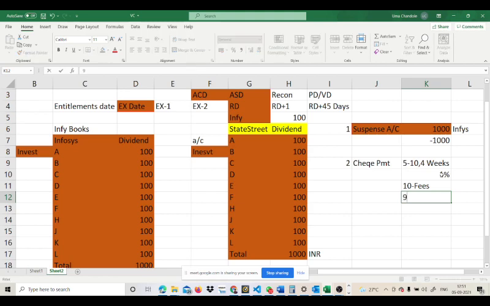So the amount will be 990. But in the books of account you haven't mentioned that, or you are not even aware about this 1% fee, the 10 rupees fee.